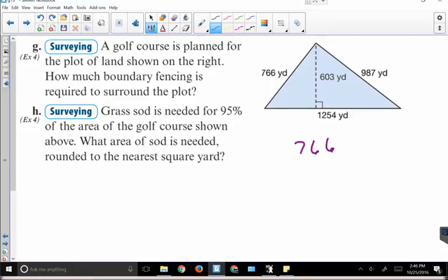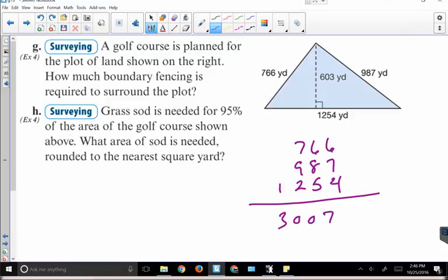Okay. And? Okay. So if I add all of those up, what do I end up with? Somebody got the answer out there? Parker, what do you got? 3,007. 3,007 yards. Okay.